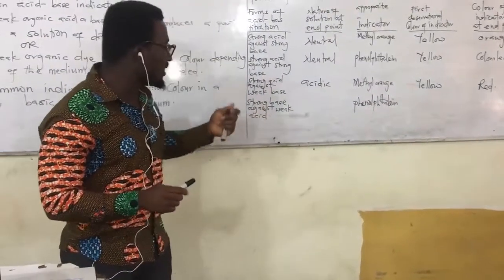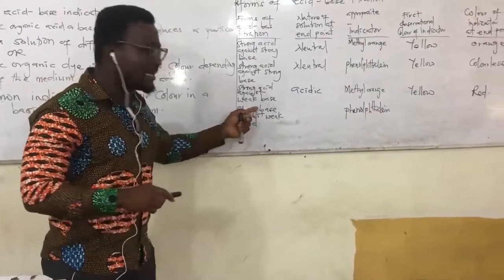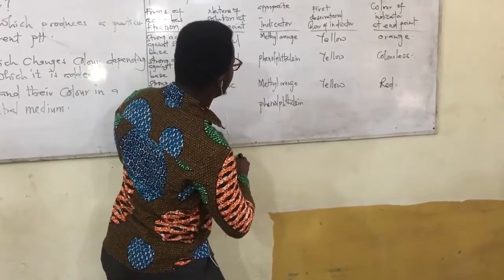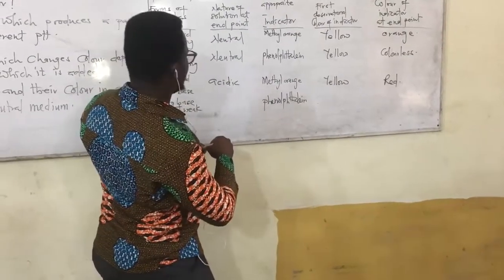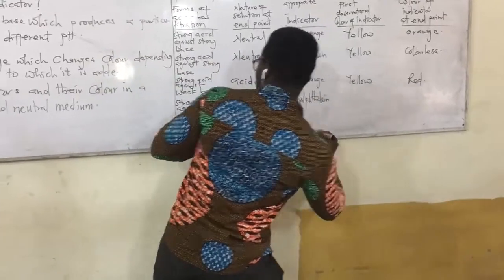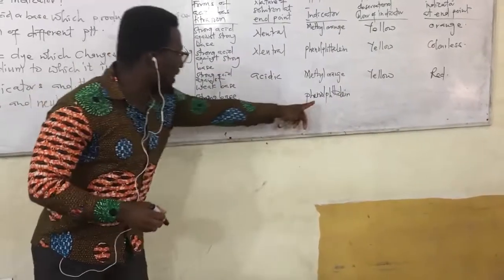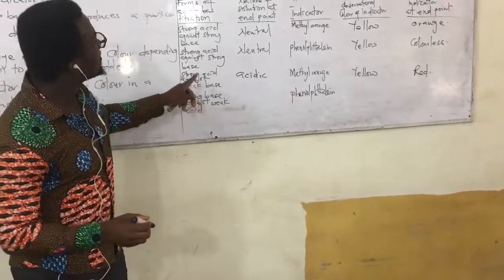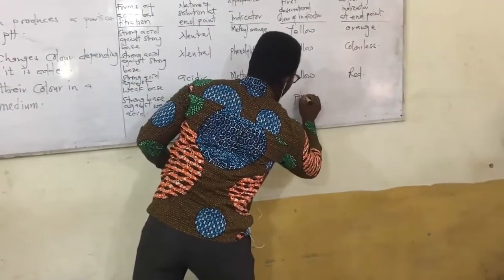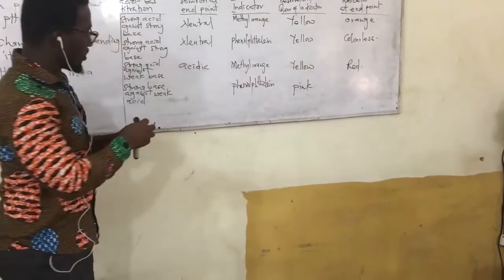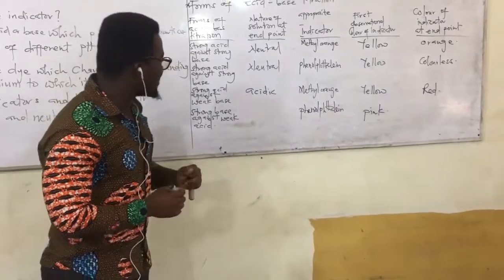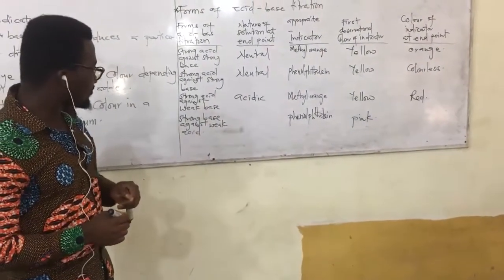The first observational color of the indicator in a strong base, that is phenolphthalein in a strong base, is pink. Phenolphthalein in the base is what? It is pink.